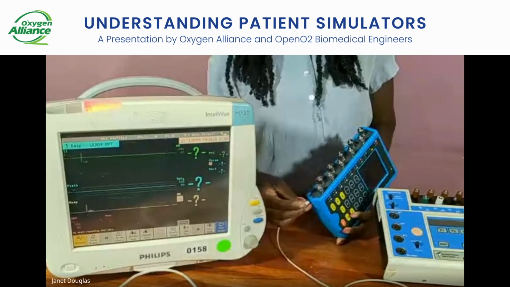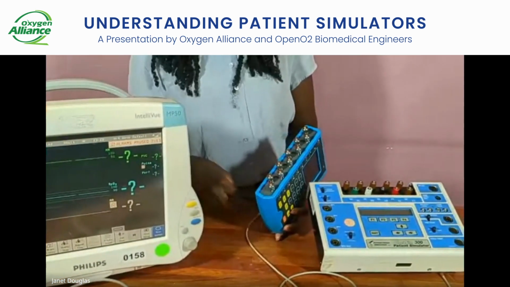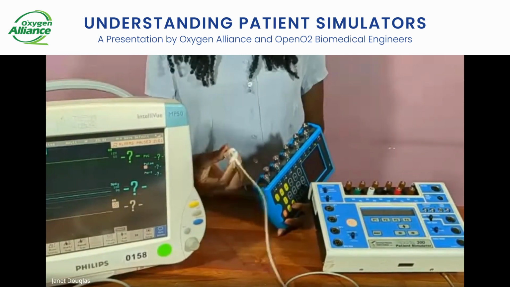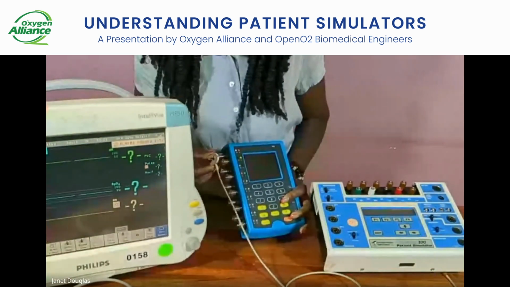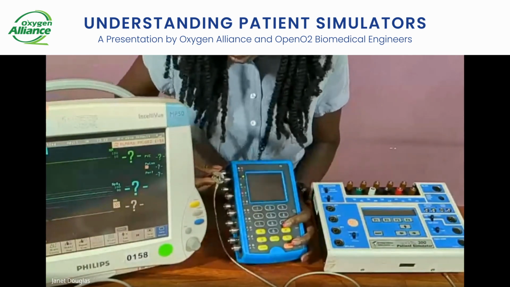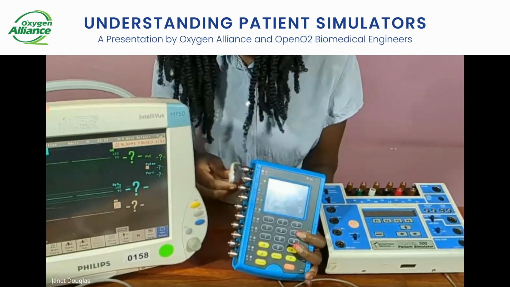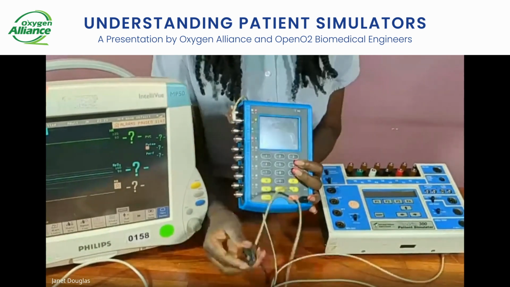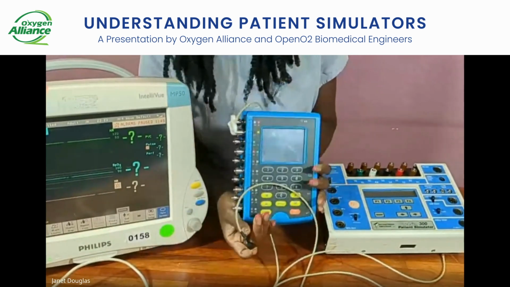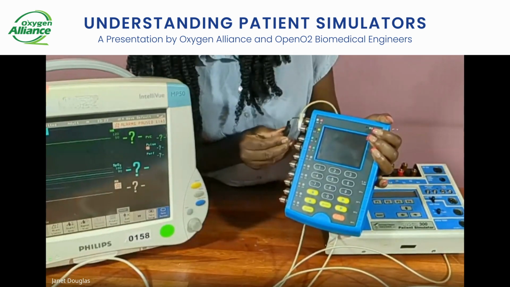We have this one, which is for the right arm, and it's also white in color. So like I said, you can use the color codes and check where the white is, and connect it here. And then have the black one, which is for the left arm, and I'll check where it's written left arm.